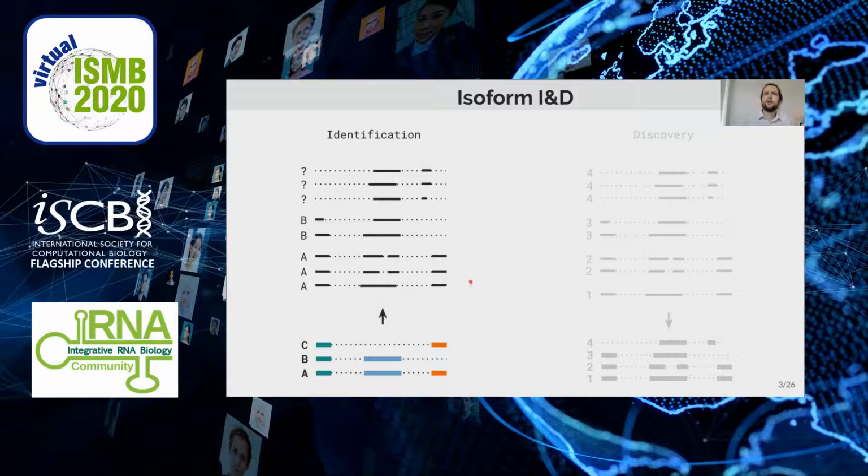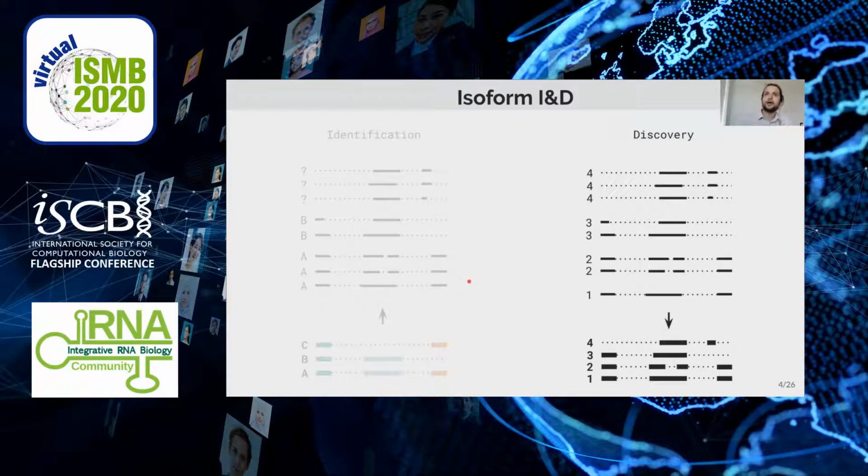However, if you have some novel isoform, you're most definitely going to mislabel some of your reads. On the other hand, when it comes to discovery, we're starting from the reads and trying to minimize or eliminate the annotation reference bias and trying to identify the structure of the isoforms that we have in the reads without reliance on this annotation database.